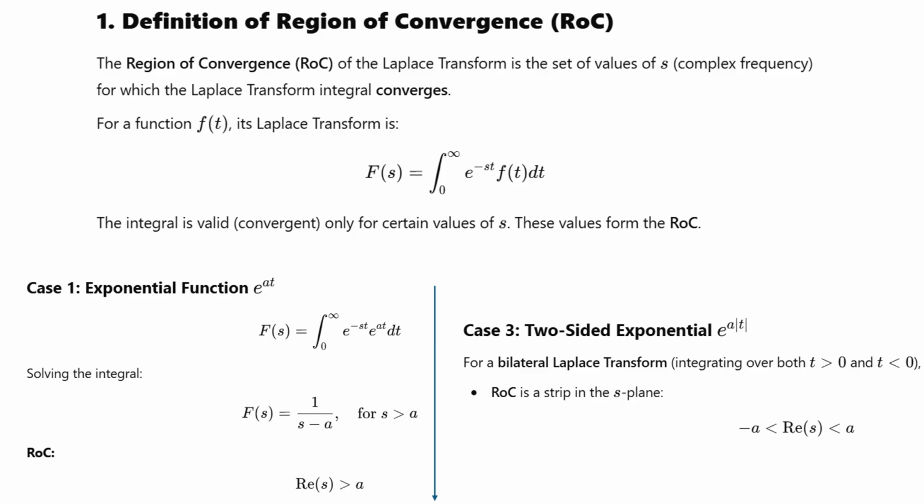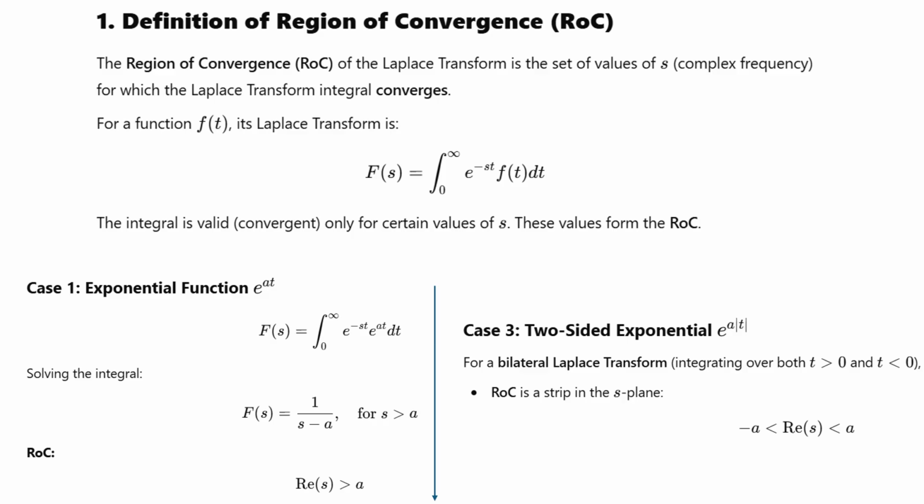For an exponential function, like e to the power a t, you simply make the denominator equal to 0, and s will always be greater than that particular value. For example, if your function is e to the power a t, the Laplace transform will be 1 divided by (s minus a), so the ROC will simply be s greater than a.